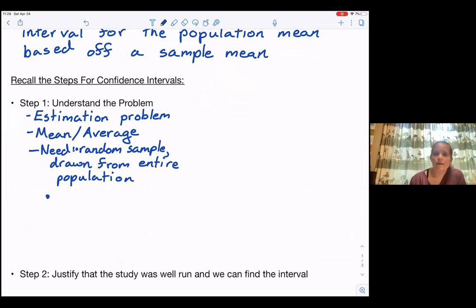We'll need a population standard deviation, which will be sigma.